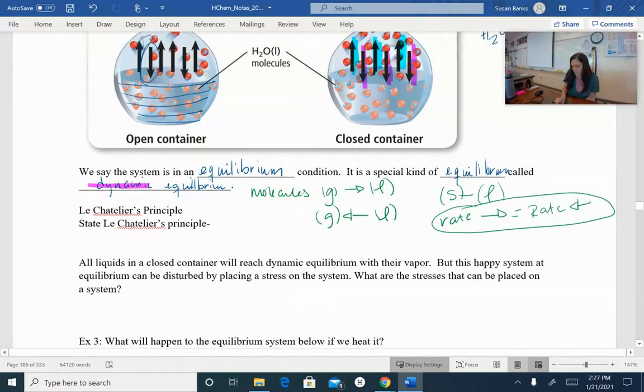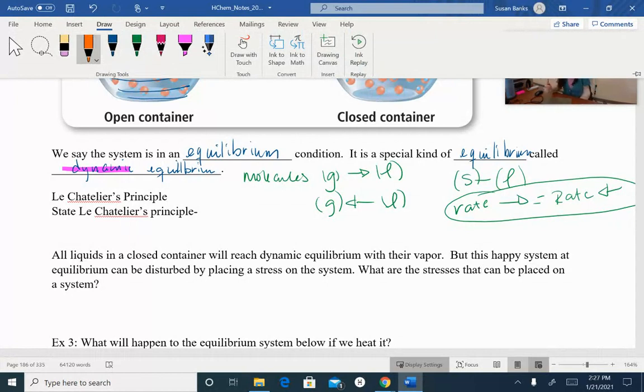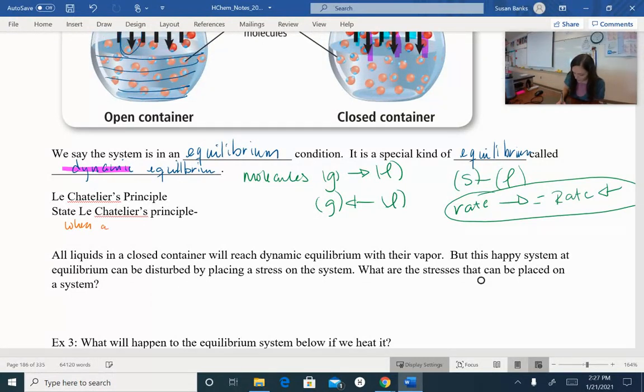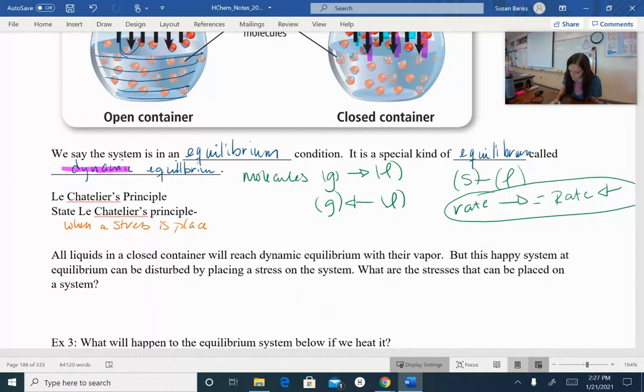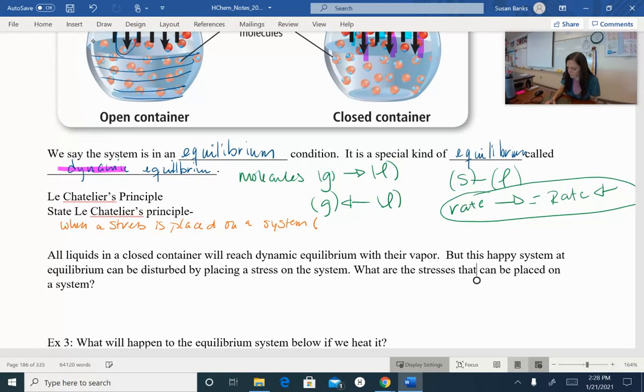Okay, so here's Le Chatelier's principle, and we use Le Chatelier's principle a lot in chemistry. If I put a stress on a system, so when a stress is placed on a system, the stress can be something like we will change the temperature, we can change the pressure, we can change the volume, okay?